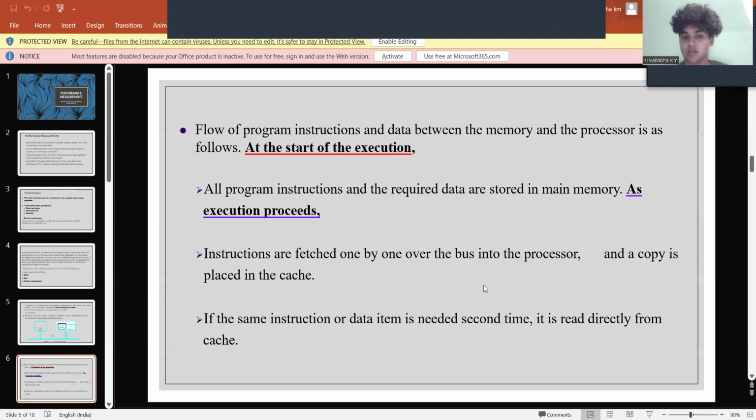A copy of the instruction or data fetched to the processor is also made in the cache, so if it is needed a second time, it is read directly from the cache.